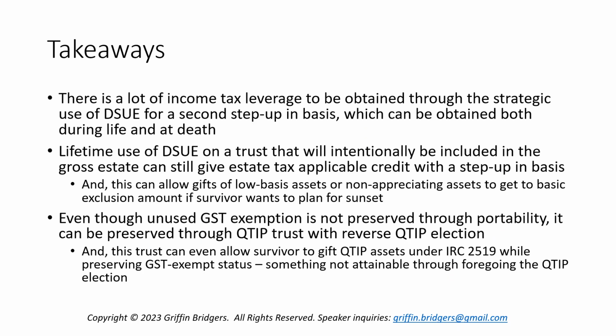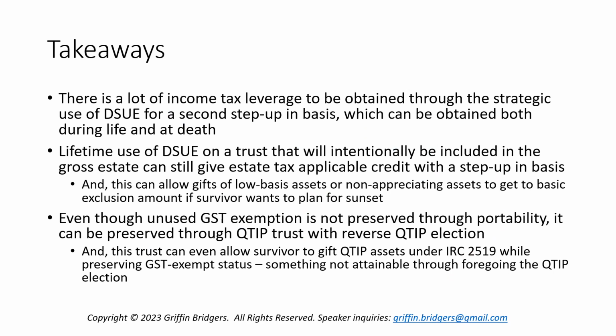So ultimately, everything taken into account here, there's a lot of income tax leverage to be obtained through the strategic use of the DSUE to create that second step up in basis through a mega exclusion. Now, continuing that on, we end up in a situation where lifetime use of the DSUE has to be accomplished if the surviving spouse wants to use their basic exclusion pre-sunset.